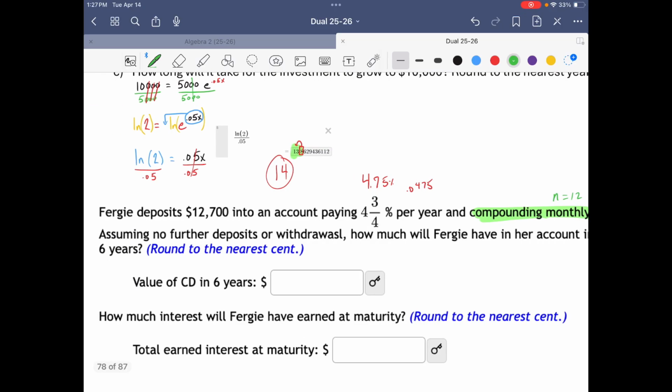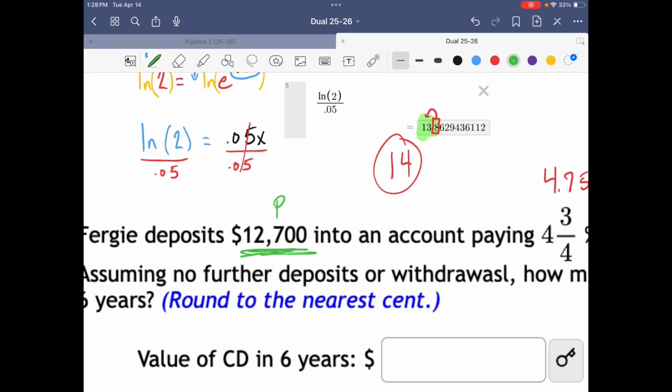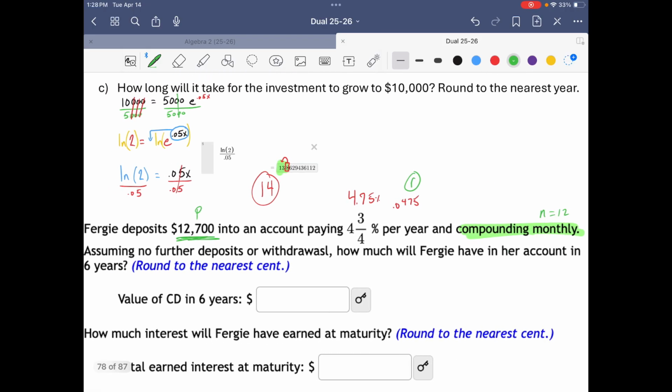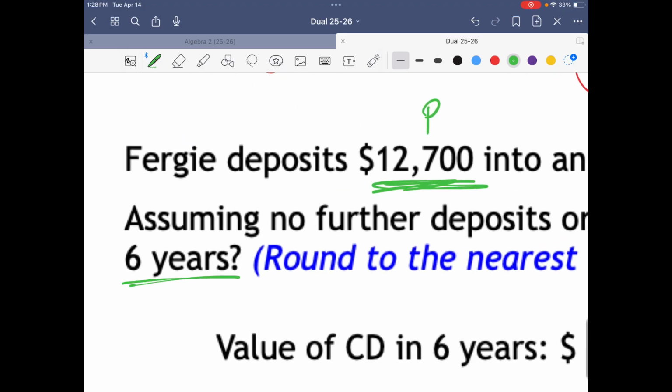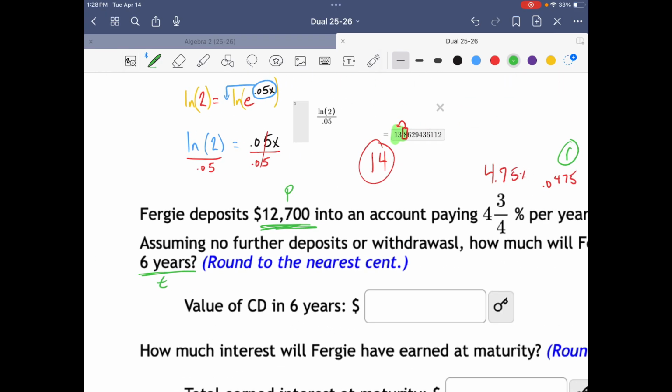And then this is the interest rate. And then if I'm putting money into the bank, that 12,700, that's the capital P, right? Our principal amount. Assuming no further deposit withdrawals are done, how much will Fergie have in her account in 6 years? So 6 years, that's time. And that's all the numbers you need for the formula, right?